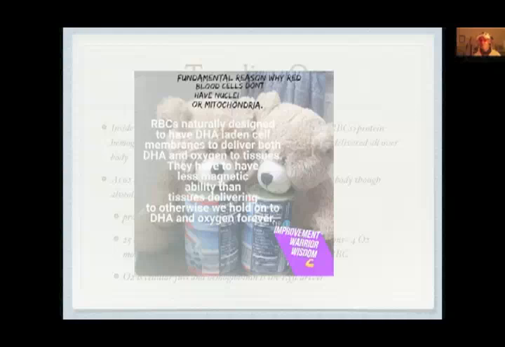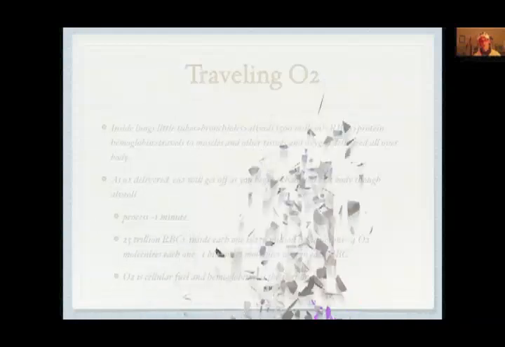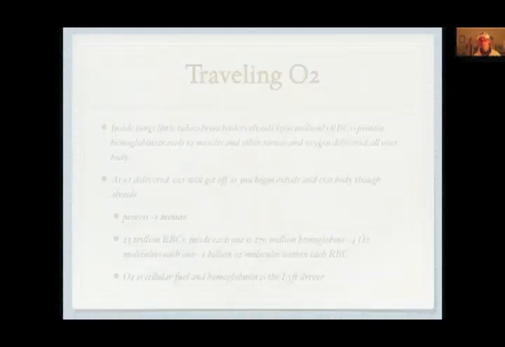Otherwise, we will hold on to that oxygen and DHA forever. Right? And remember, DHA showed up about the same time as oxygen. So it's just as important as oxygen. DHA needs oxygen. Oxygen needs DHA to work. And otherwise, you can't get to optimal health.